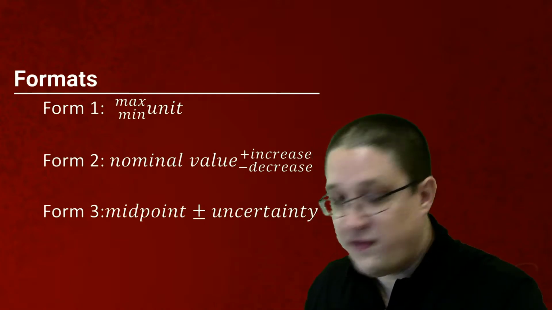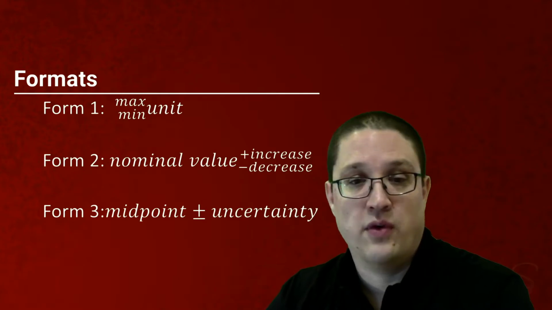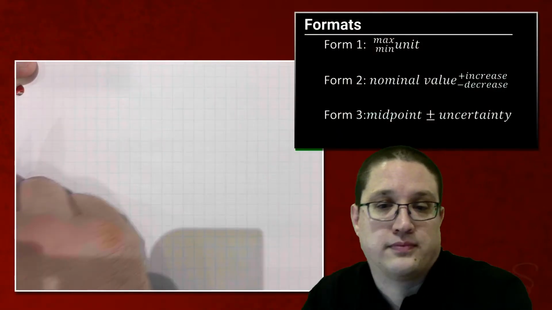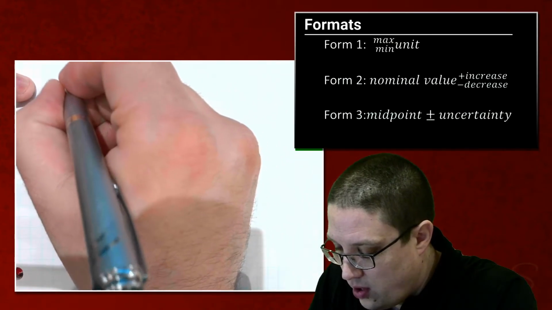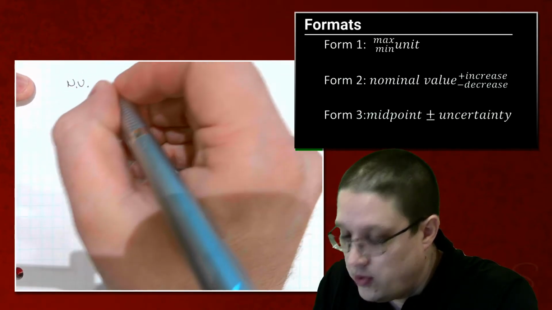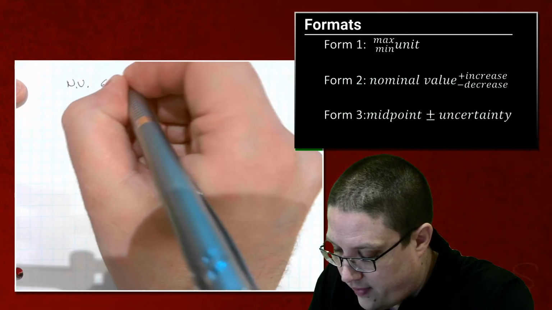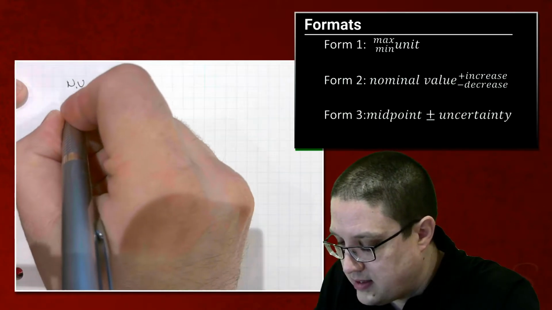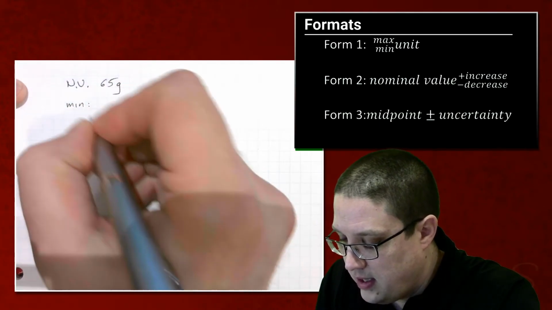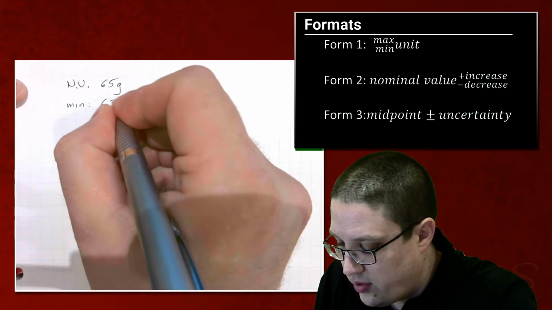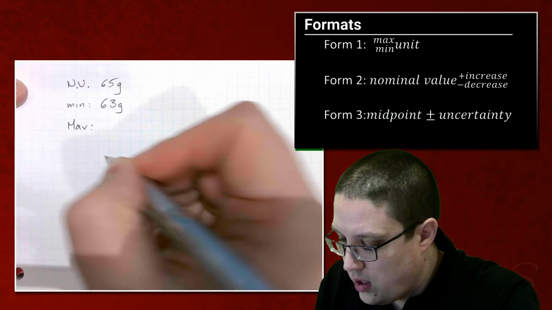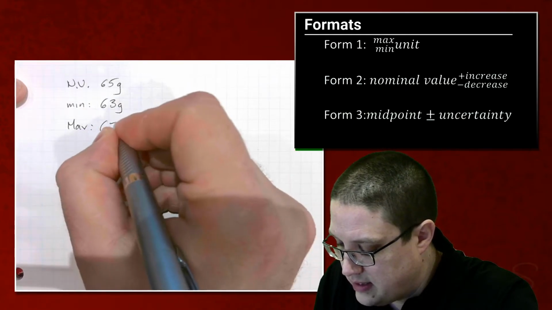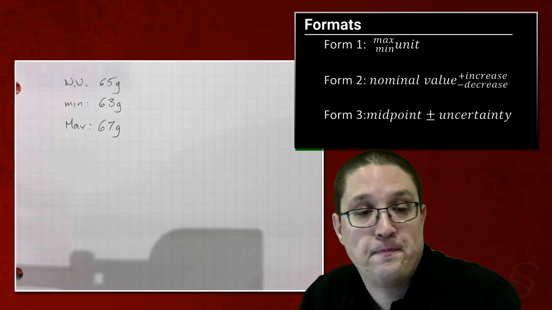So the first form here is really straightforward. I'm going to write this down as we go. Let's say that I have a chocolate bar and the nominal value is supposed to be 65 grams. Let's say my minimum is supposed to be 63 grams and my maximum is going to be 67 grams.